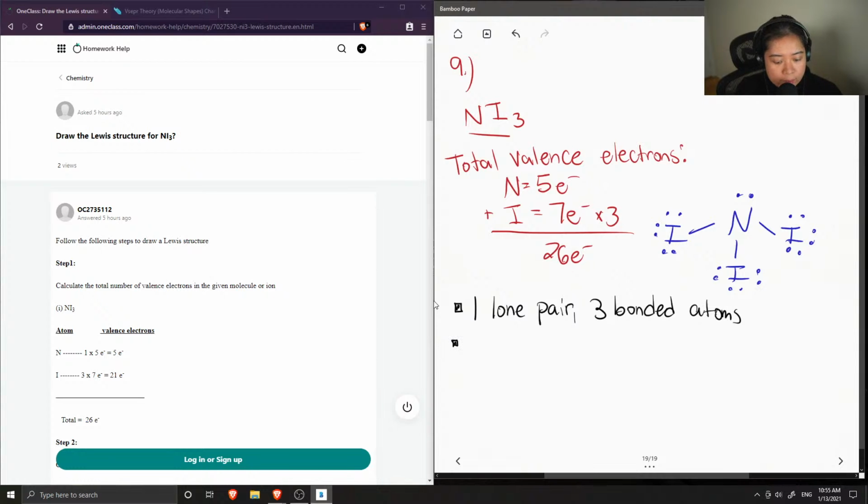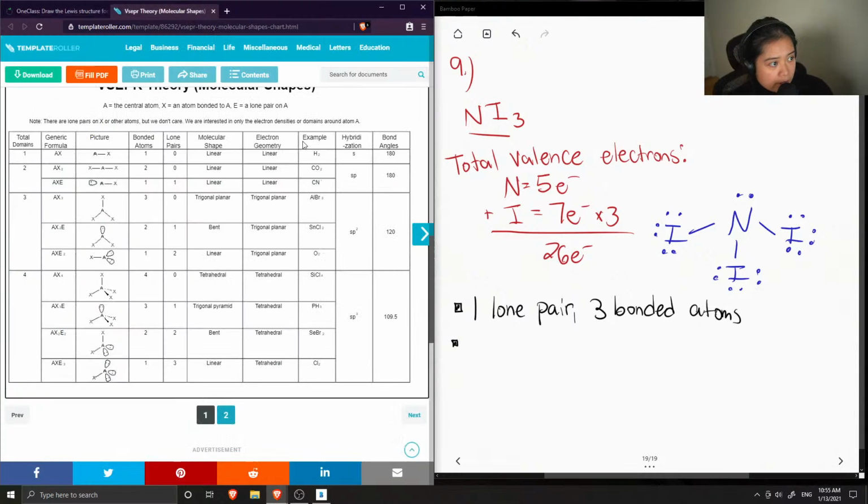So from here, we can use our VSEPR table, find out the type of molecular shape and electron geometry, hybridization, and the bond angles. So when we have 1 lone pair and 3 bonded atoms, this tells us that we have a trigonal pyramid molecular shape.